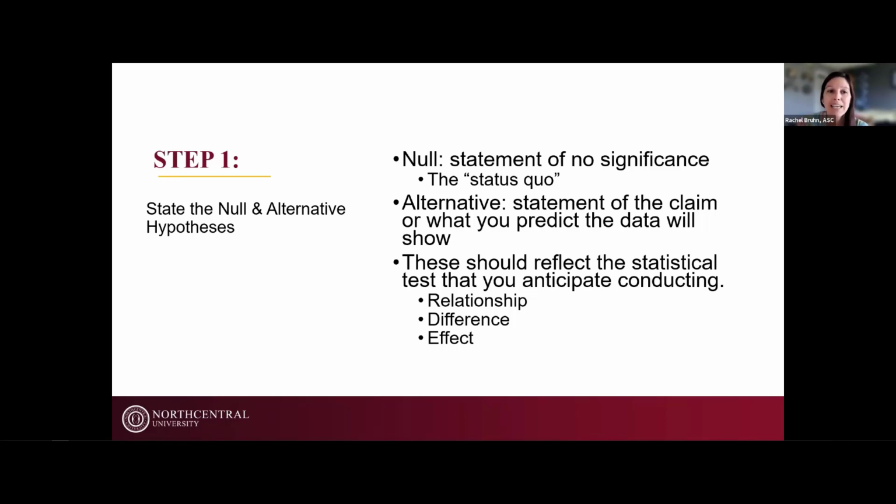So when we're talking in research about a null and an alternative hypothesis, take that definition of a hypothesis that you already feel kind of familiar with and apply that to an alternative hypothesis. The alternative would be like the claim that you're testing or what you predict your data is going to show.